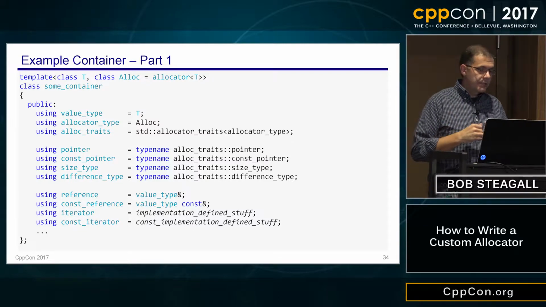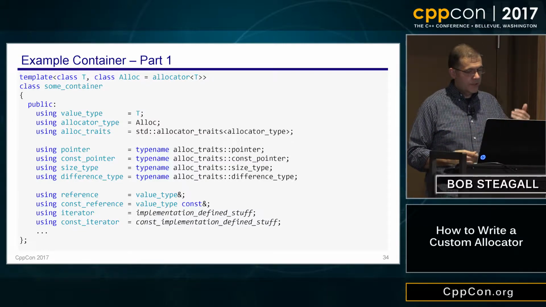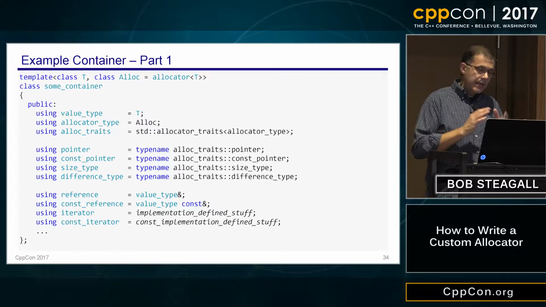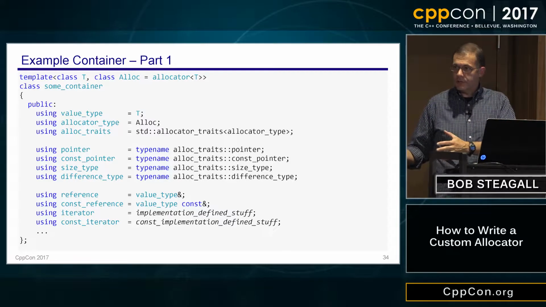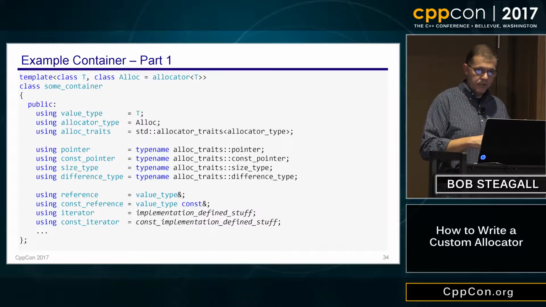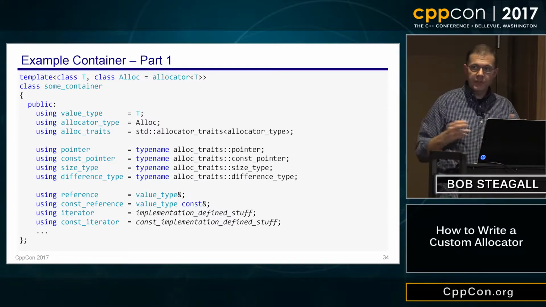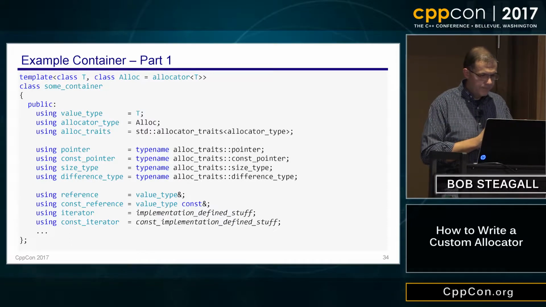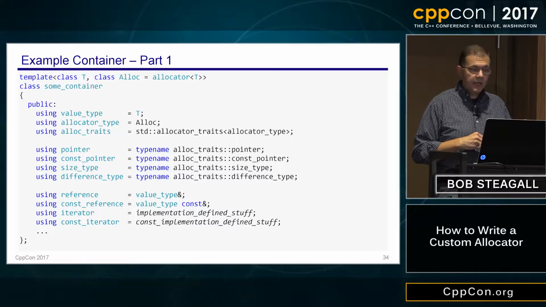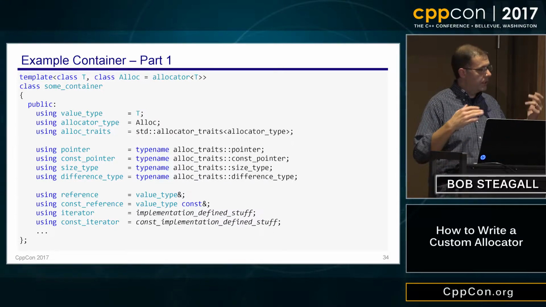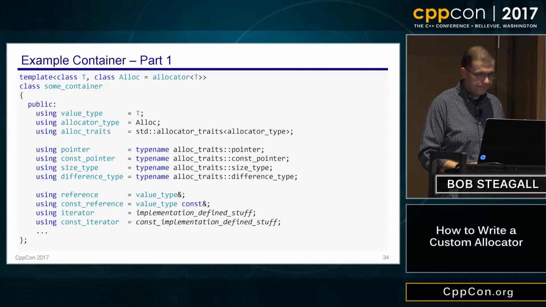Then there are these typedefs for pointer, const pointer, size type, and difference type. And now these are expressed in terms of the equivalent type from allocator traits. Allocator traits is providing information to the container which the container is going to use internally. And down at the bottom, the containers still use these typedefs, reference and const reference, but they don't get them from the allocator anymore. They implement them themselves.